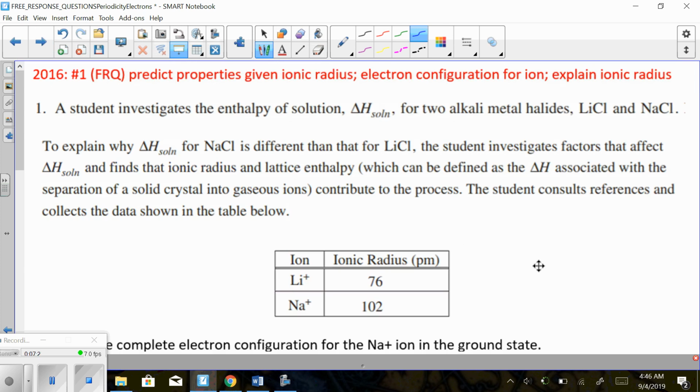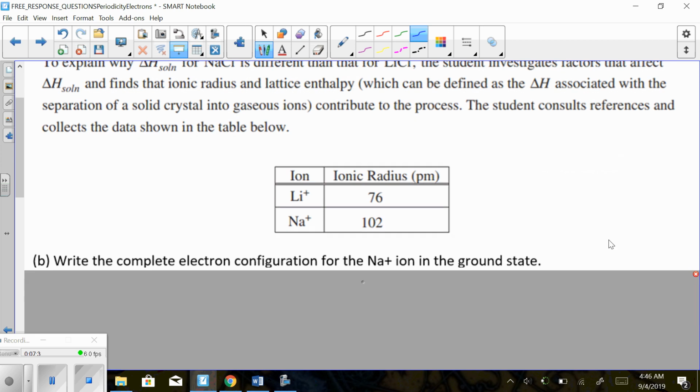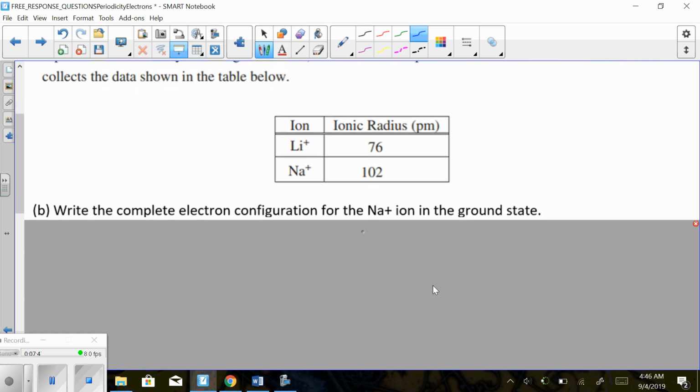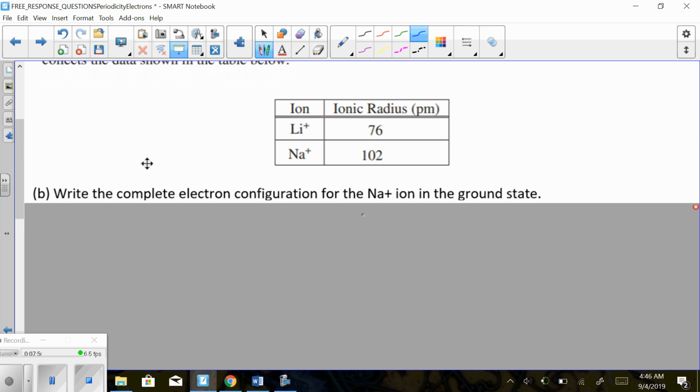Okay, 2016, number 1, we have an enthalpy for two different salts, and we're given information about their radius. If you look at lithium, the lithium ion rather, has a radius of 76, and sodium has a radius of 102, and we want to write the complete, see that word complete, electron configuration for the sodium ion in the ground state.